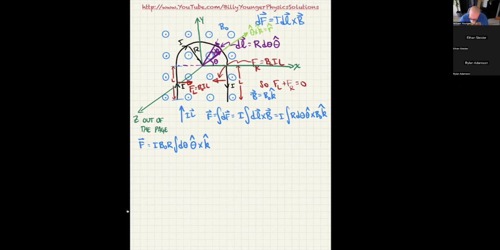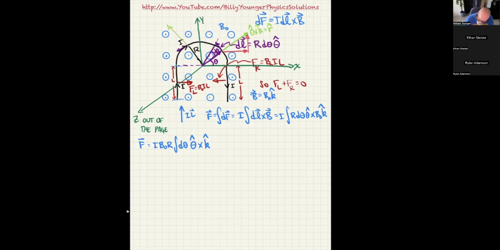And in so doing, you can see that on the right half of this, let's use some pink here to show you what the components are. You can see that this one clearly has a negative x component and a positive y component. When you get over here, though, you'll have a dL that way, and you'll still have a d theta cross k hat gives you that same vector that's in the r hat direction.